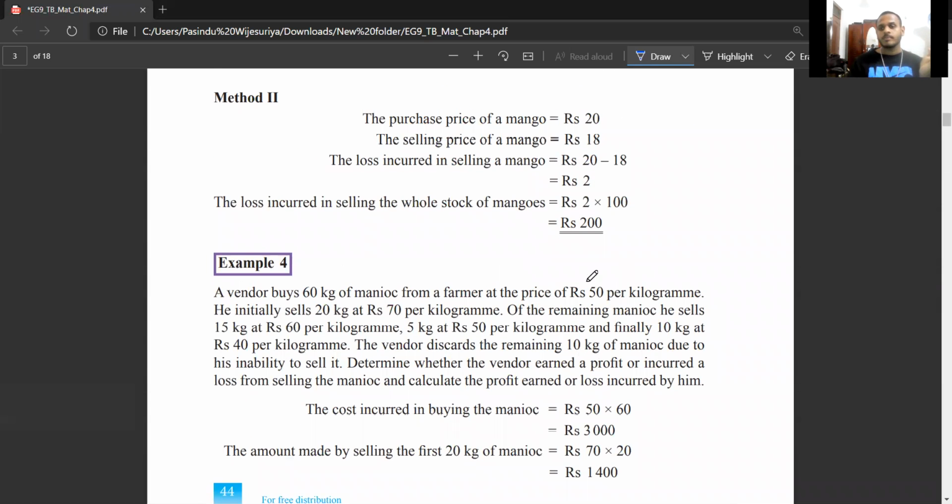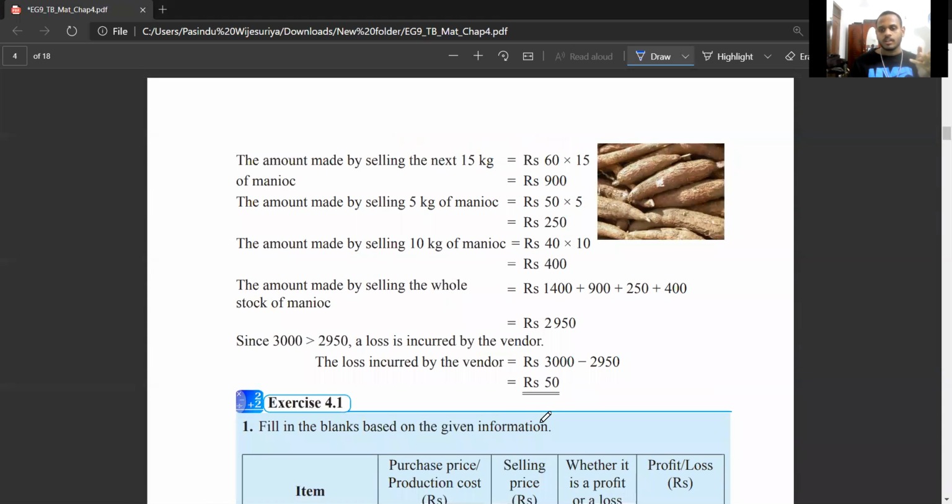They say 60 kilograms at 50 rupees per kilogram, so you multiply 60 by 50 and you get 3000. 3000 is the cost that was incurred, and 2100 is the amount that they got, that is the cash after selling.